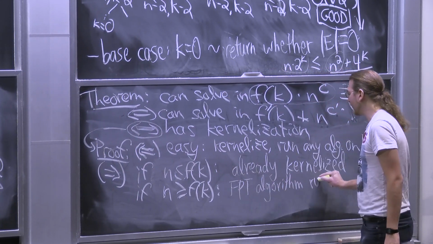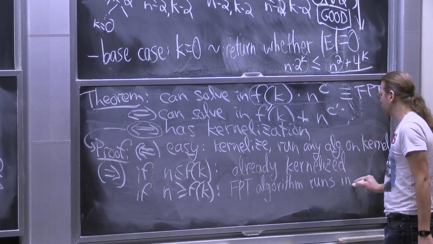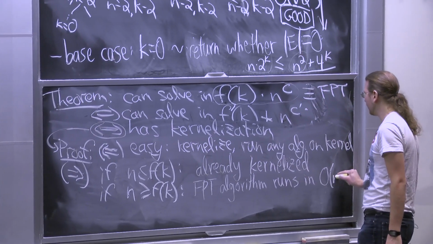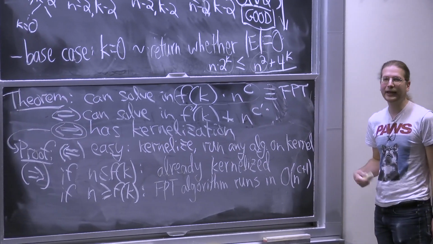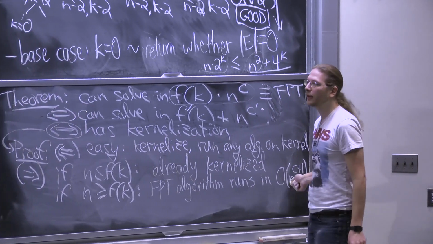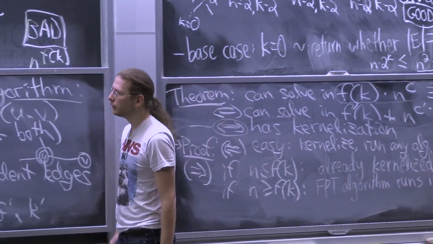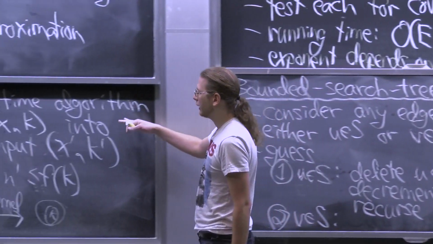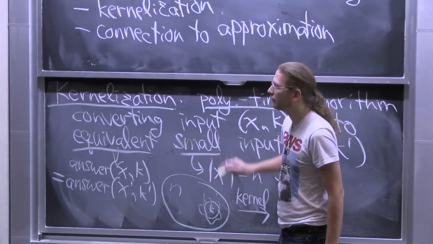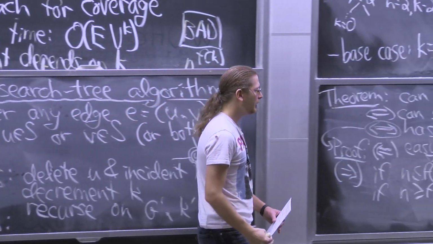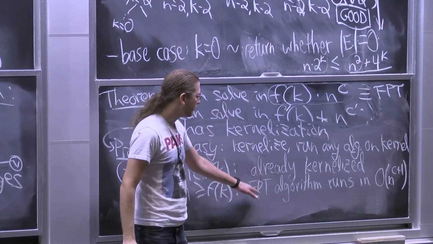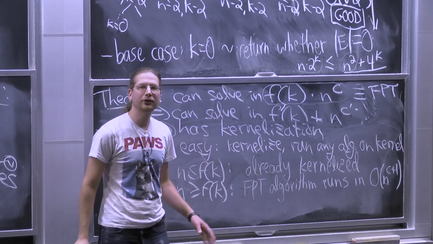In that case, that algorithm runs in n to the c plus 1 time, which means I can actually run it. That's polynomial time. OK, so over here, I needed a polynomial time kernelization algorithm. If it happens that f of k is at most n, then I can actually run the FPT algorithm, and that will be a valid kernelization procedure.